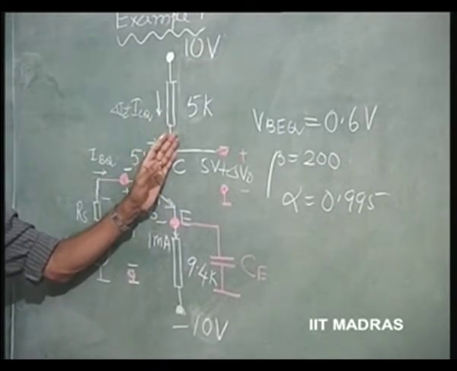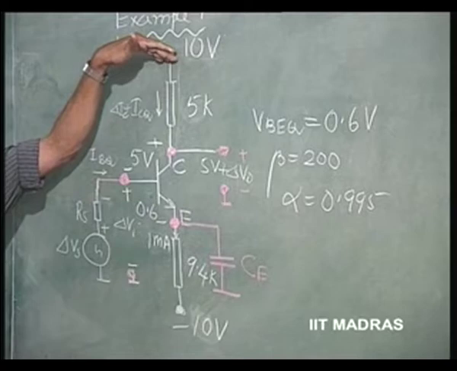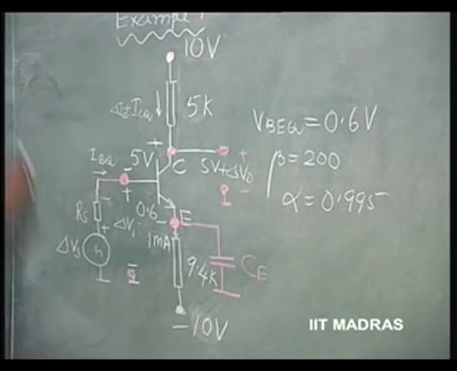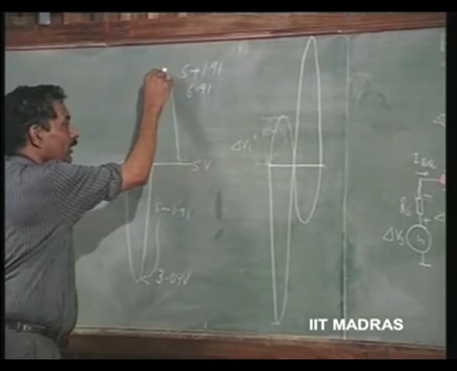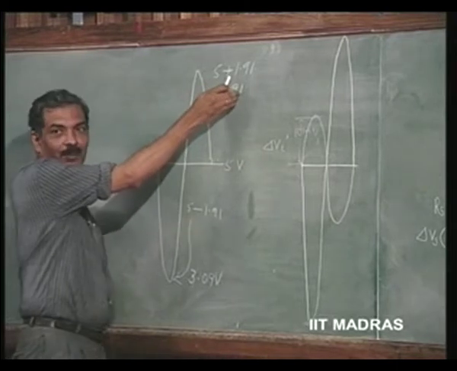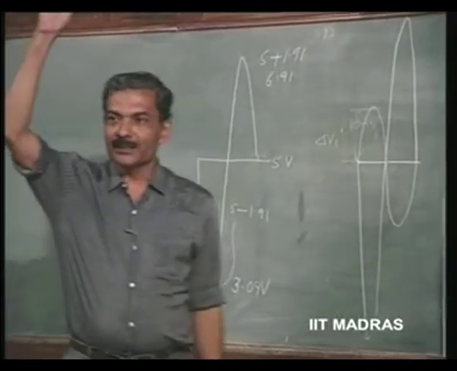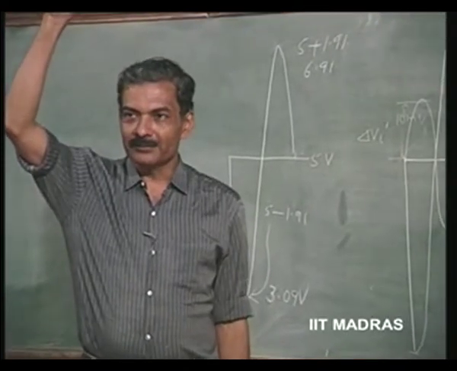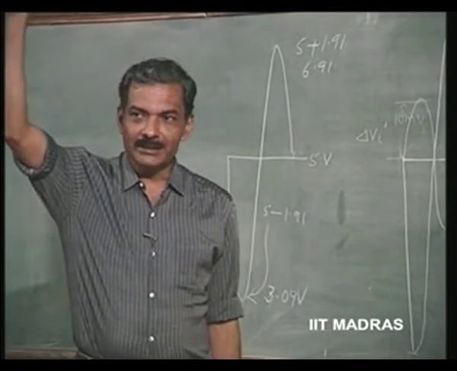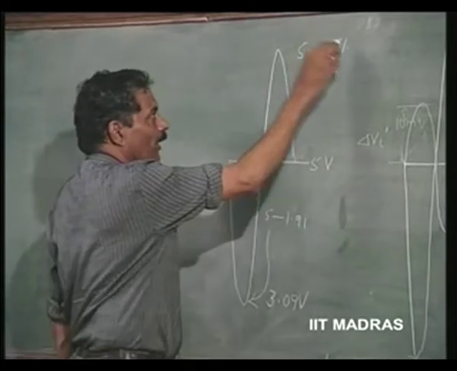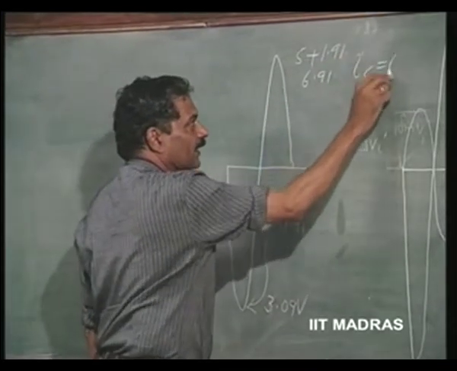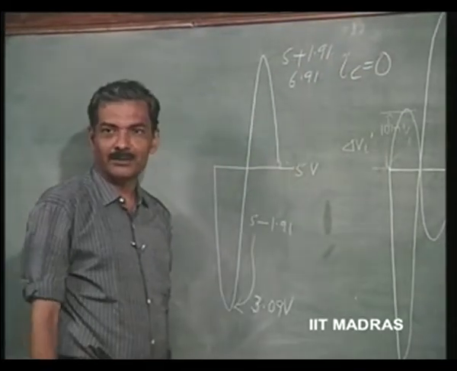Instantaneous value of collector current is 0. So, the voltage will be 10 volts. So, this will go up to 10 volts. This is now gone to 6.1. This can go up to 10 volts. At that point, the transistor is cut off because IC is 0. So, there are 2 points. IC, instantaneous value of IC becomes equal to 0.